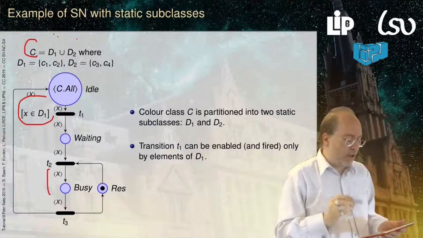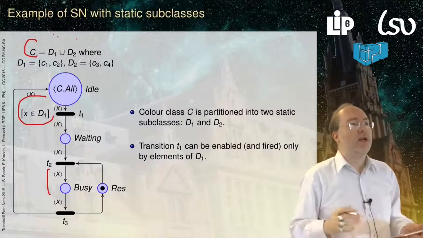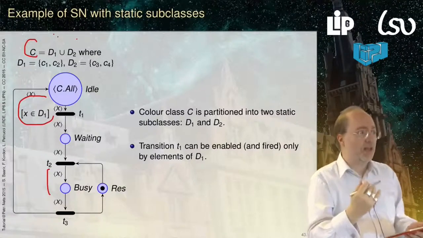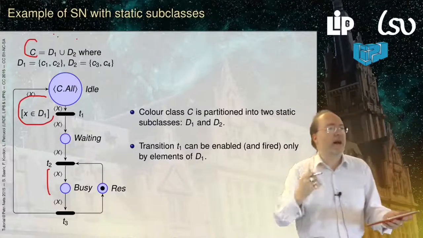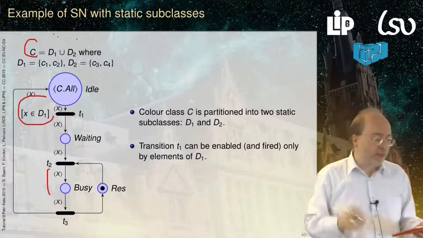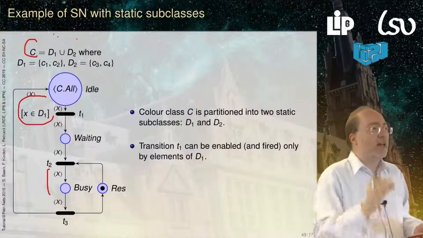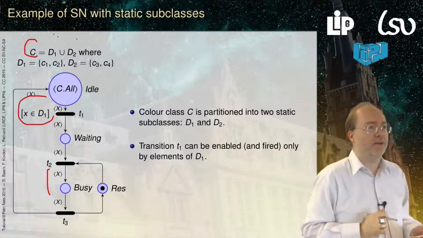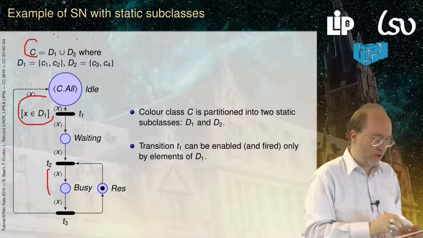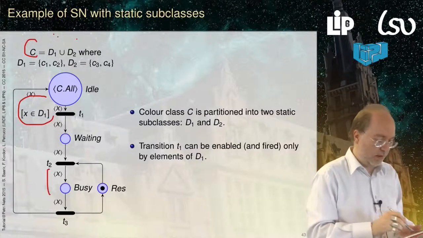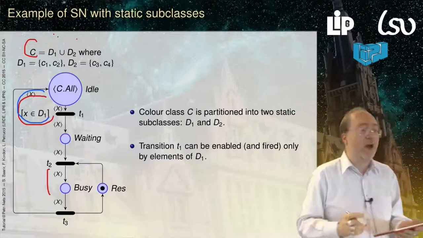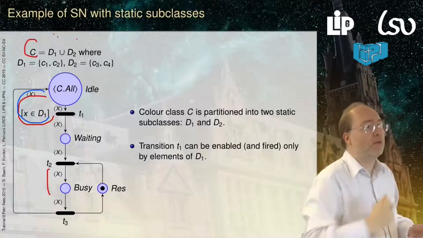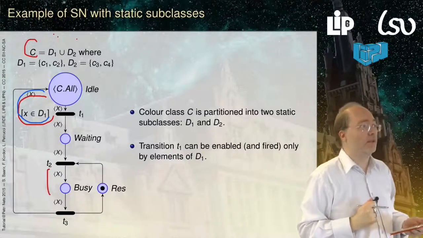So when T1 fires, it takes any value within class C and outputs any value within class C, but it's not exactly true, because if the value belongs to D2, you will never fire the transition because of this guard. I put it in blue now, where you specify that your value must belong to the D1 subclass.